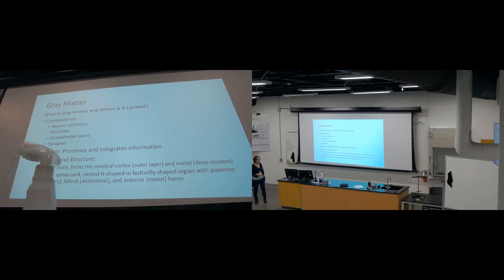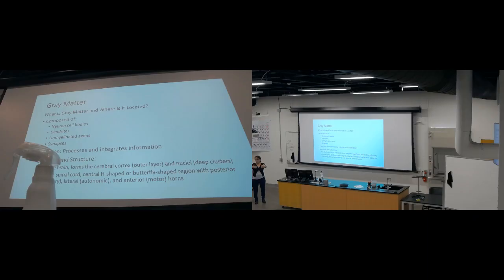And then the posterior region of this H, the gray matter in the spinal cord, is specialized to receive sensory input. So we have there what are called the dorsal horns that receive sensory information.